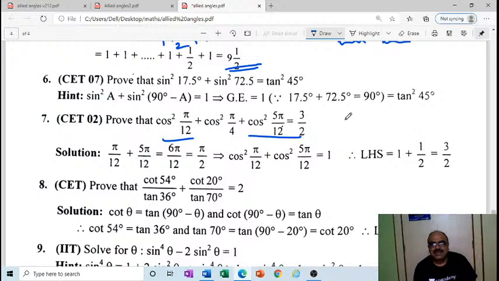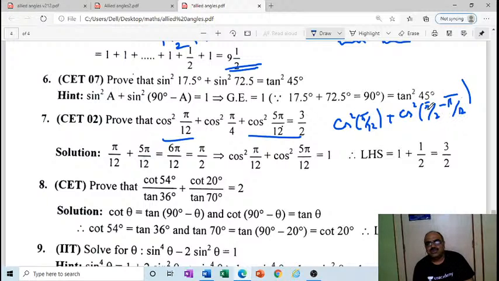Cos square pi by 12 plus cos square pi by 2 minus pi by 12. So it is 12. 6 pi minus pi is 5 pi by 12.